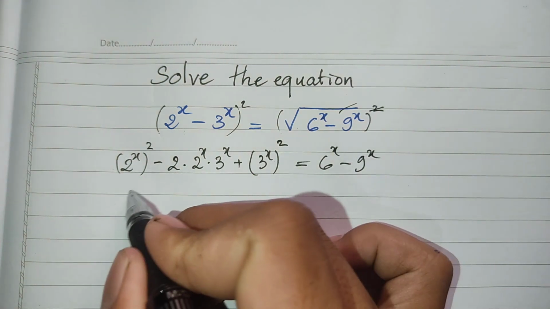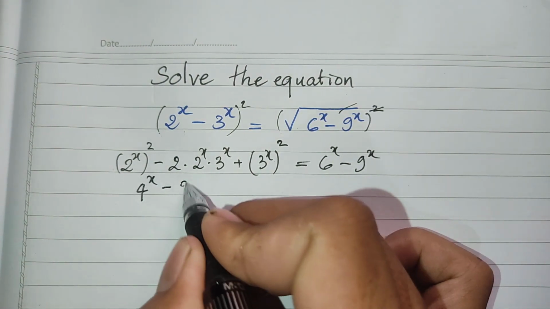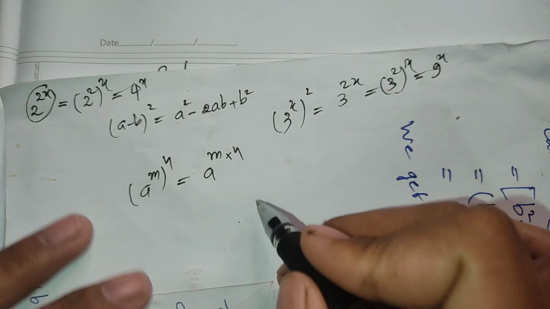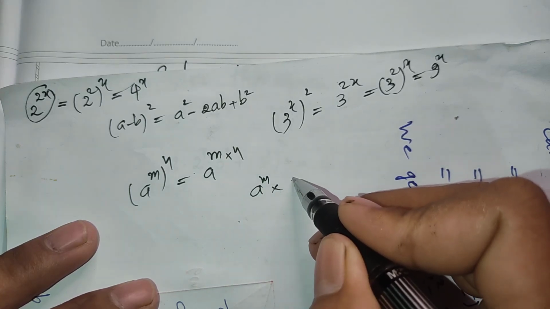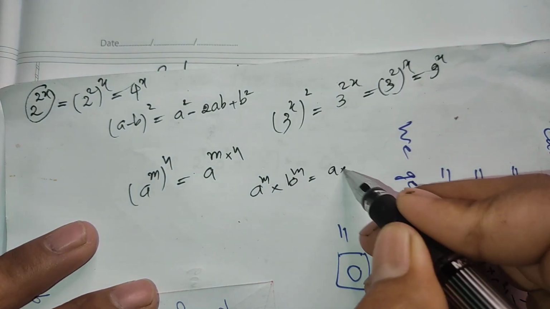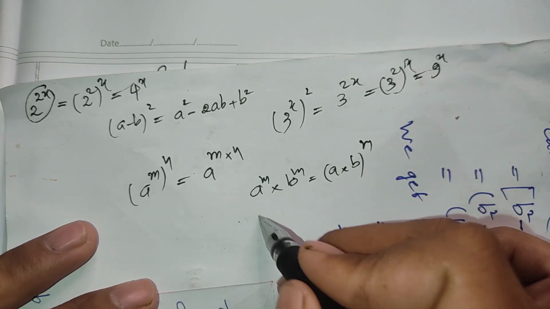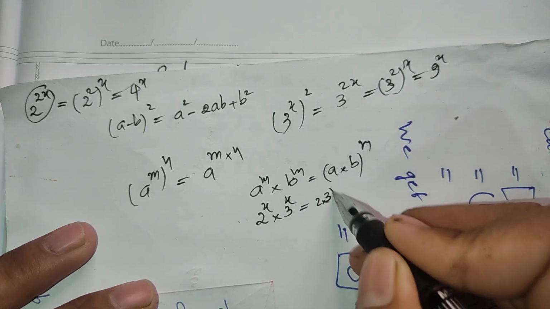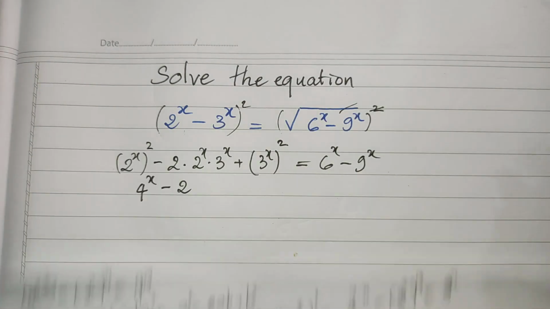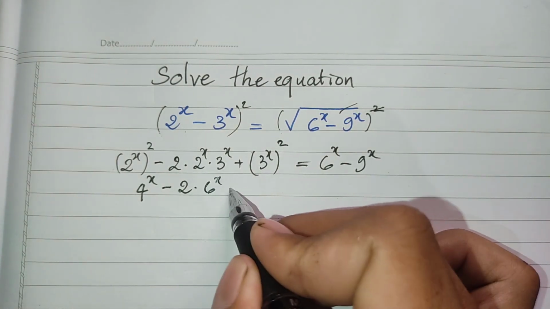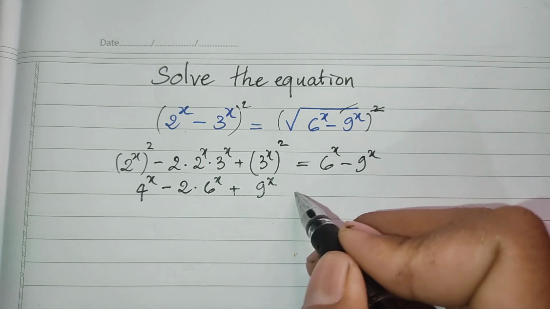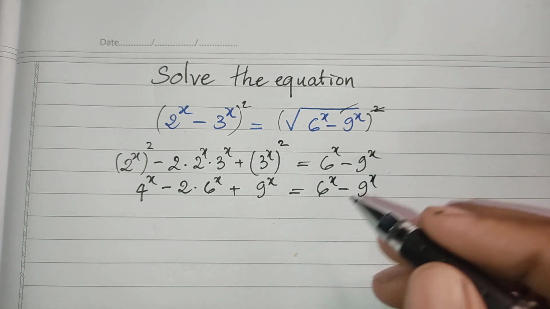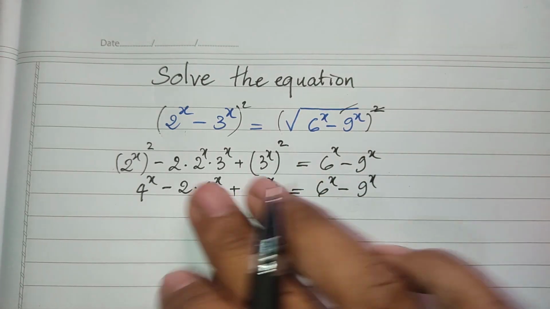Now we get 4^x minus 2 times this term. You see 2^x multiplied by 3^x. Then we know a^m multiplied by b^m is equal to (a·b)^m, so 2^x multiplied by 3^x is equal to (2·3)^x, equal to 6^x. Then plus 9^x is equal to 6^x minus 9^x. Now I move this to the left-hand side.